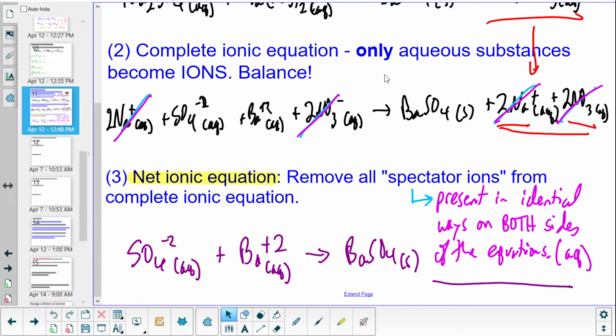But once you separate it, then they do have charges. So do we cross out any of them? That's the next step, the net ionic equation. Cl minus plus Na plus.